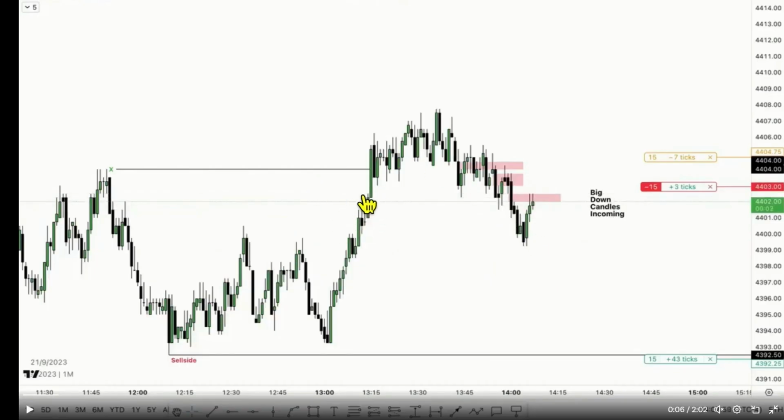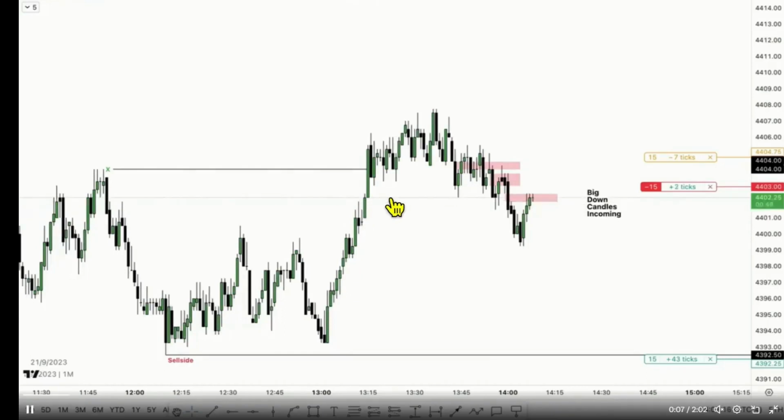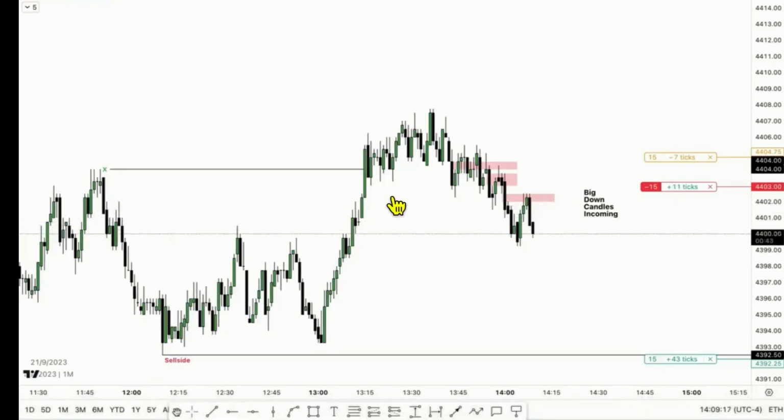Notice that I entered personally already when price displaced below the highest BC on the left side of the curve right here, because that should act as an inversion on price if price is going to be bearish. Next, this BC should act as an inversion on price if price displaces below it. Price begins to roll over slowly.